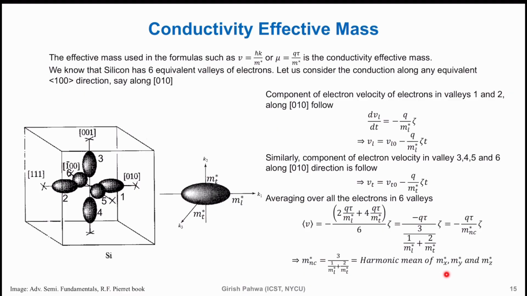If you have x1, x2, x3, x4, the harmonic mean is 4 divided by 1 by x1 plus 1 by x2 plus 1 by x3 and so on. So for the harmonic mean of mx star, my star, mz star, one of them is ML and 2 of them are MT. So 3 divided by 1 by ML star plus 1 by MT star plus 1 by MT star, which makes it 2 by MT star. So this is the harmonic mean. In the density of states effective mass, it was the geometric mean, remember? For the conductivity effective mass, it is the harmonic mean.